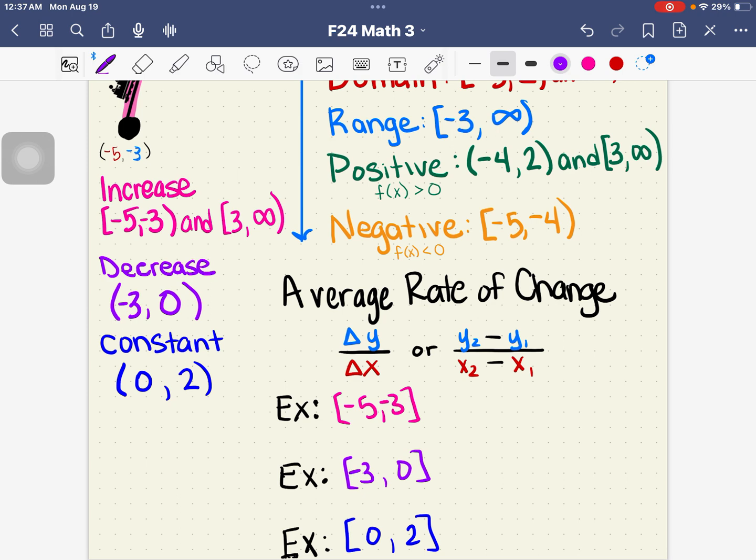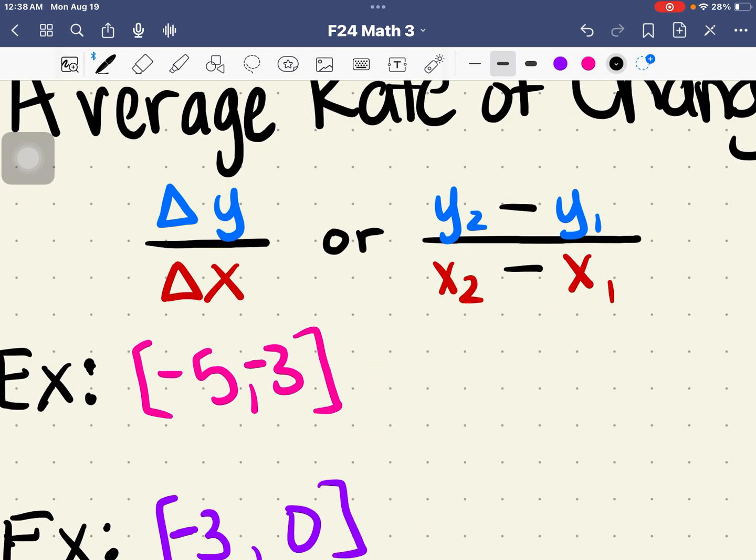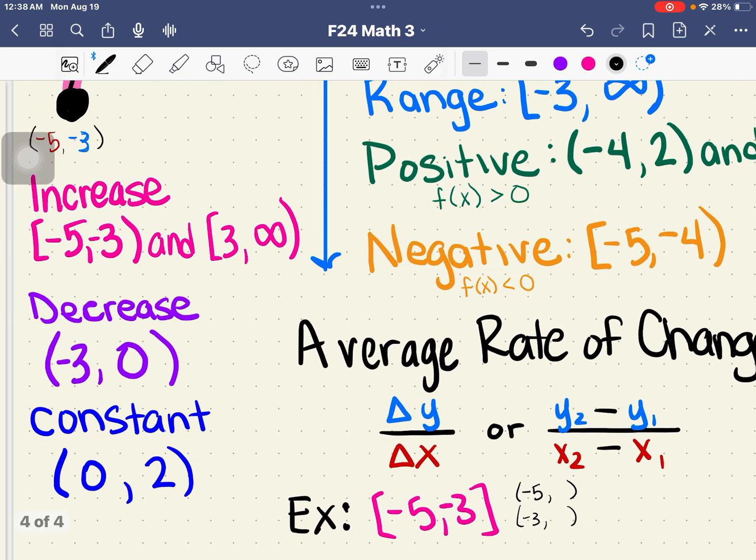So we need the y values where we have these x values. Okay? So we need to go in and find the y value at negative 5, and we need to find the y value at negative 3. So let's go find those y values.